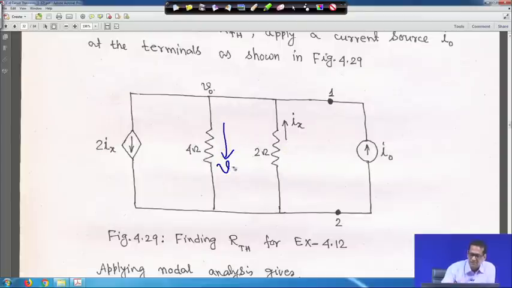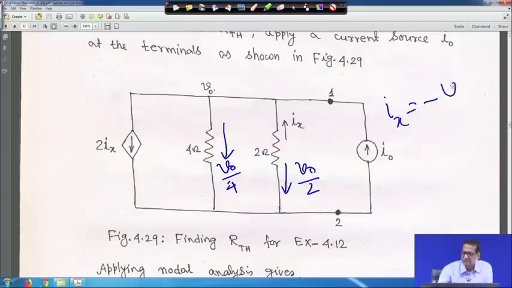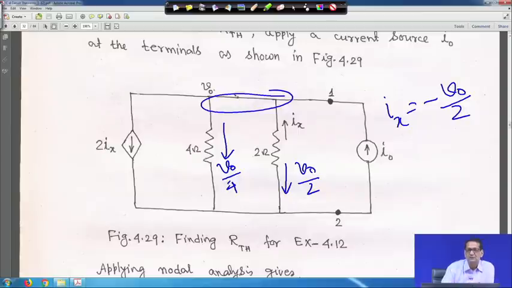This is your V0 by 4, and if you take this direction the current will be V0 by 2. That means Ix is taken upwards, so Ix is equal to minus V0 by 2, and this is basically the same node.